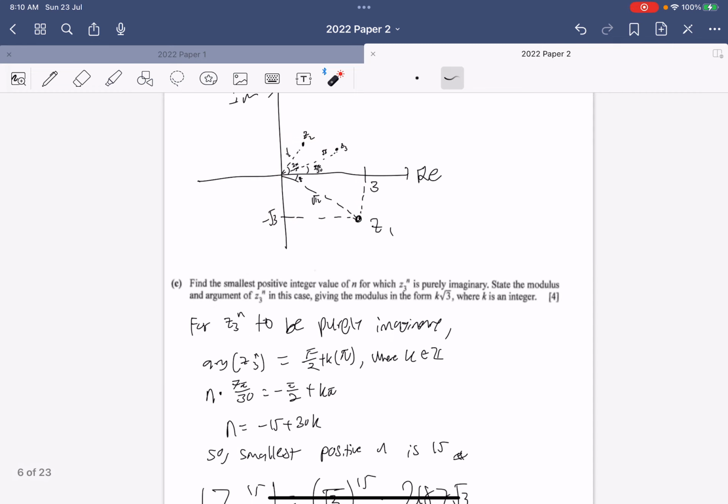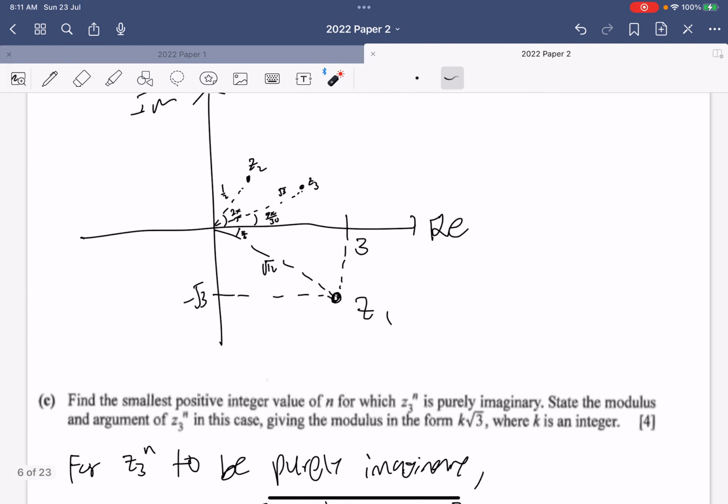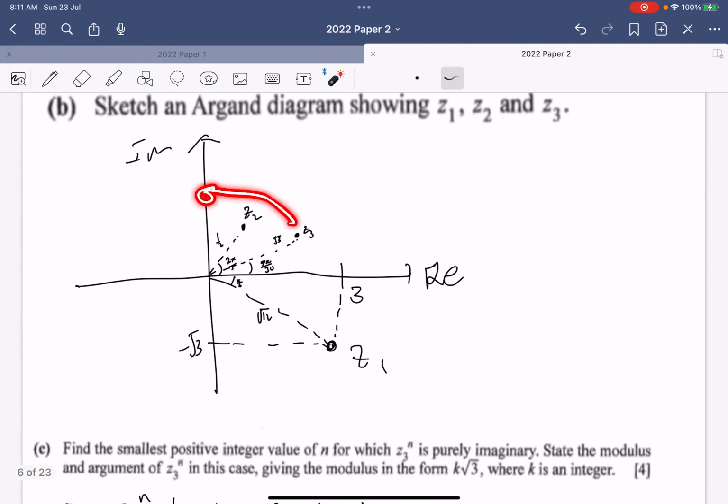So it either is pi over 2, minus pi over 2, 3 pi over 2, so 3 pi over 2 is this, minus 3 pi over 2 is behind. Then you just keep adding pi's. So it just needs to go here, then you just add pi, add pi, add pi, add pi.